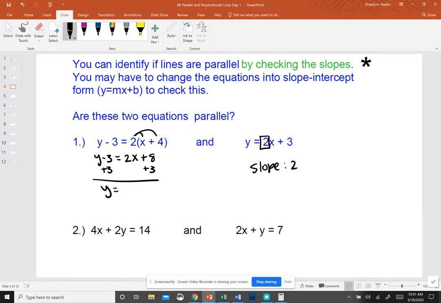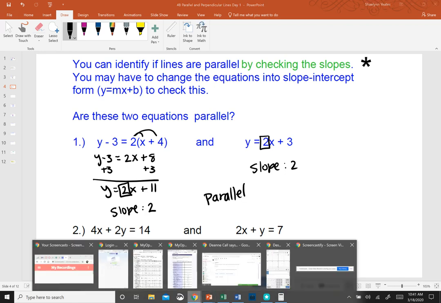And I end up with y equals 2x plus 11. Notice now, this one has my slope to be 2. So I know these two lines are in fact parallel. And we can check that if we go into Desmos.